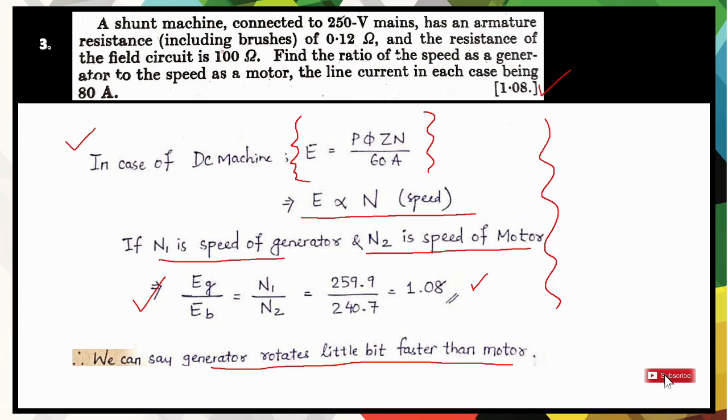So how did we solve this problem? We first tried to find out the IA values for generator and motor separately. Then we applied the formulas: for generator E equal to V plus IA RA, and for motor E equal to V minus IA RA.